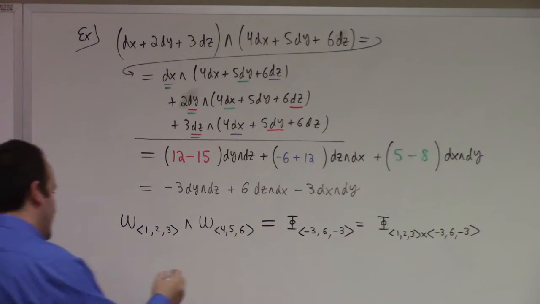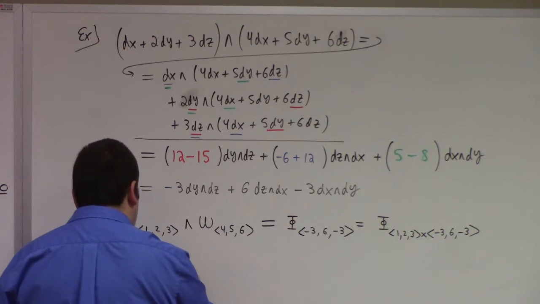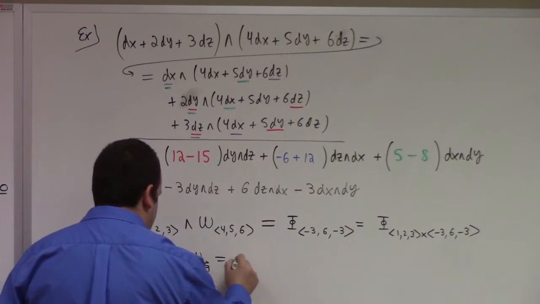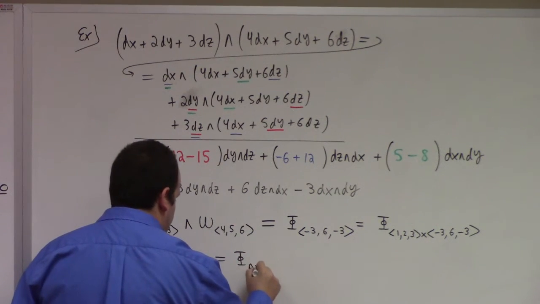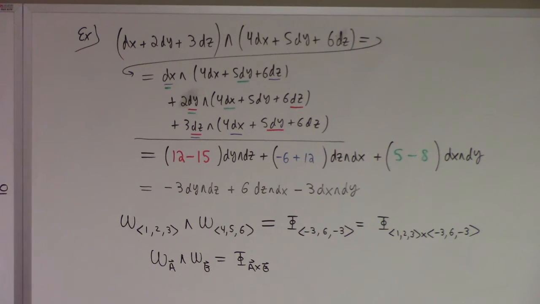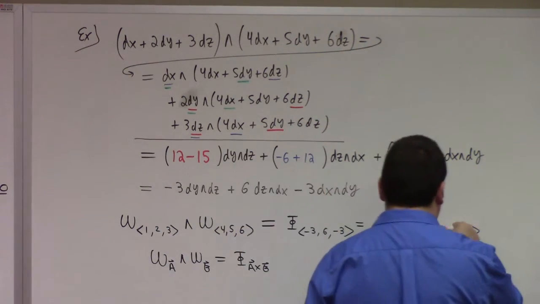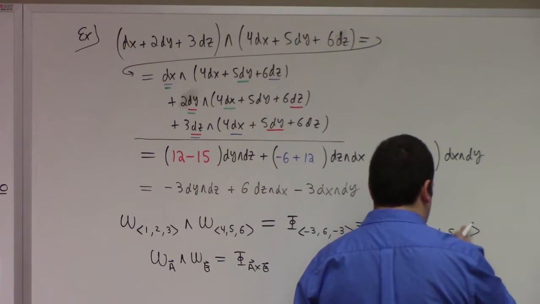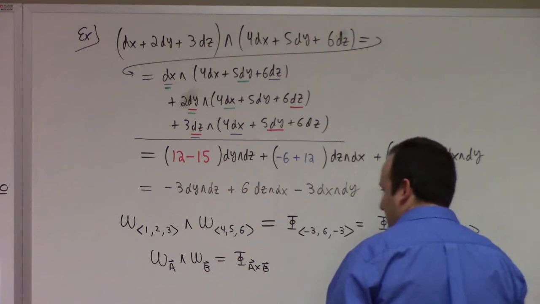Or if you want me to write this more symbolically, we have the following identity. Omega of vector A wedged with omega of vector B is equal to the flux form of A cross B. Oh, yes, I'm sorry. Thank you. I wouldn't have been able to sleep tonight if I didn't fix that one.